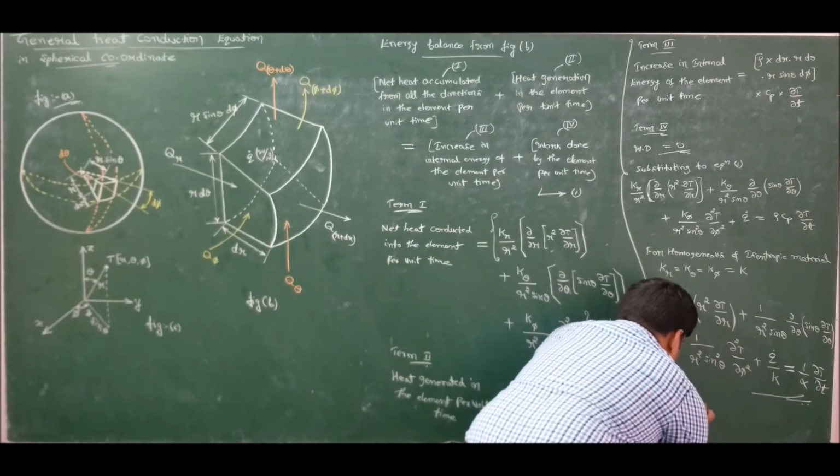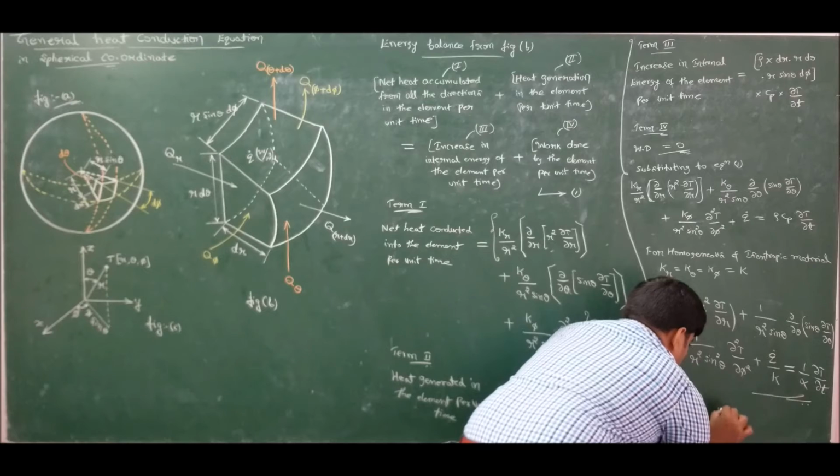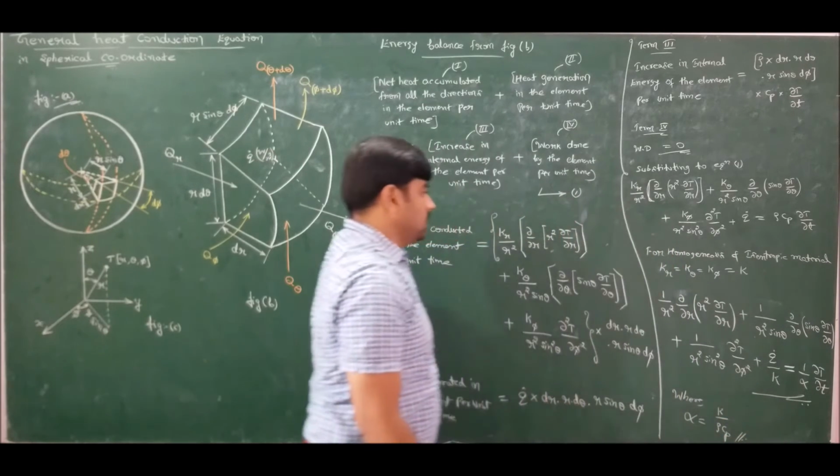Alpha is the thermal diffusivity, which is given by K by ρCp, which we have already discussed.